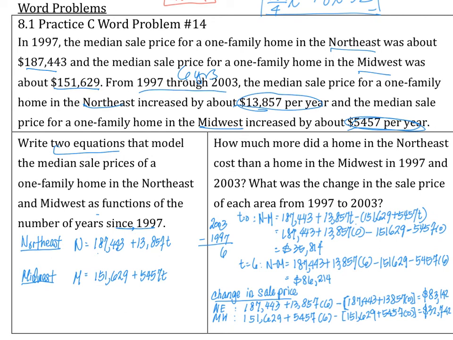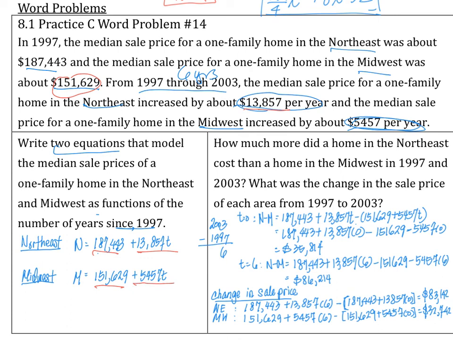And the rate of increase is $13,857 per year. So I would add that to 13,857 times t. And the same would go with the Midwest, $151,629 in 1997. And then we would add that to the rate of 5,457 per year times t.